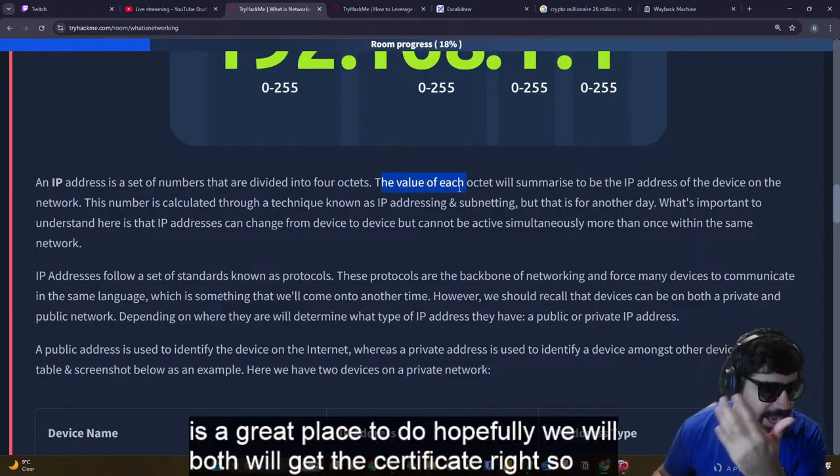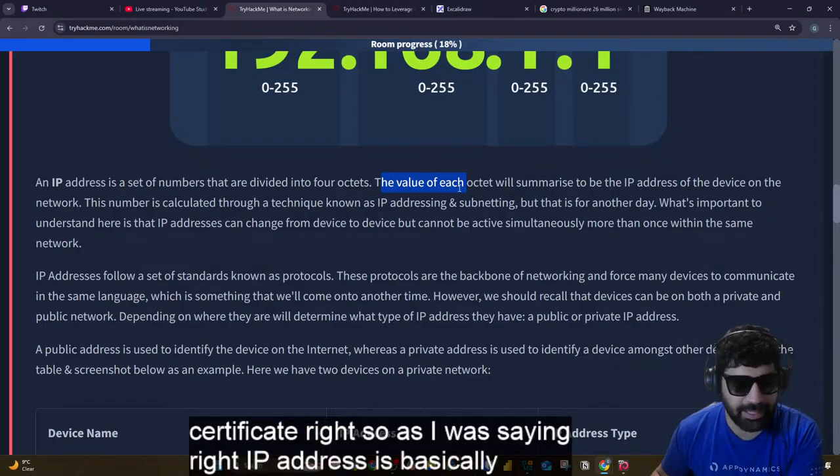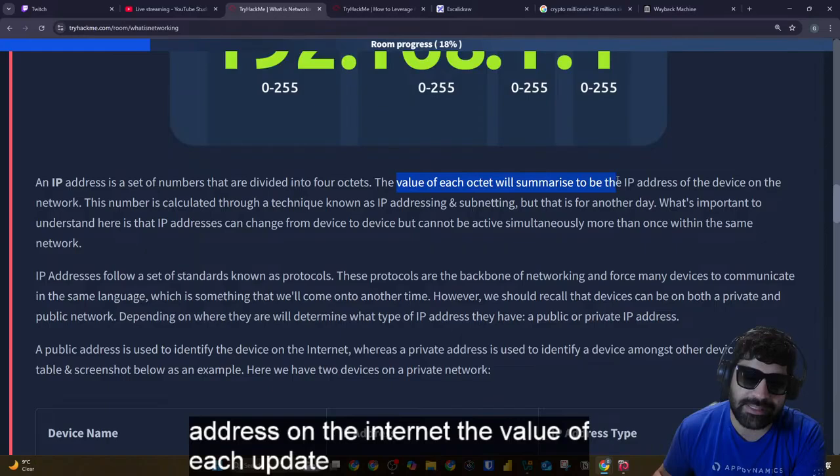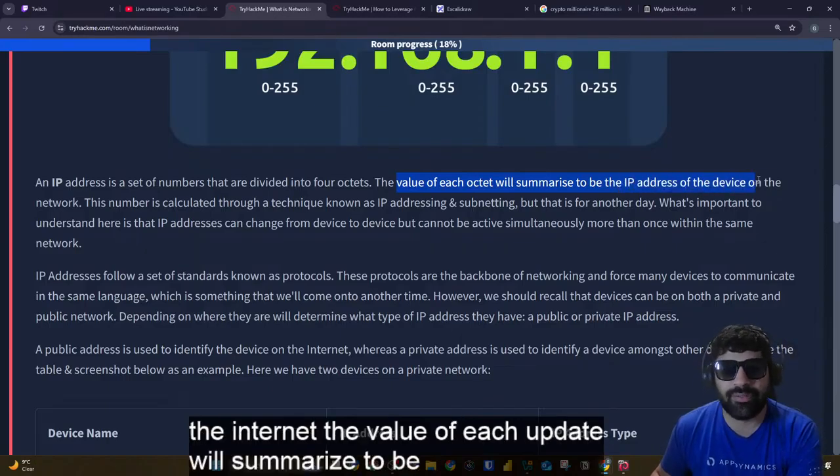So as I was saying, an IP address is basically your device's address on the internet. The value of each octet will summarize to be the IP address of the device on the network.